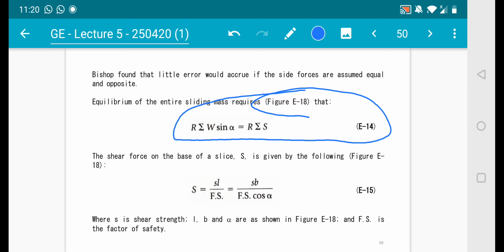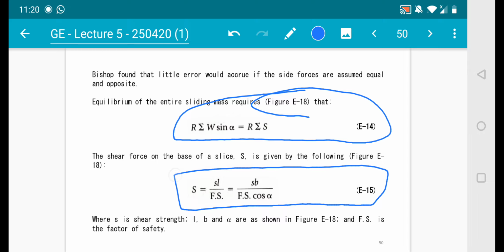Then you also have another equation contributed by the shear force. So you start off with E14 and you come up with E15 from figure 18, where small s is the shear strength, I, B, and alpha are as shown in figure E18, and factor of safety is given by Fs.